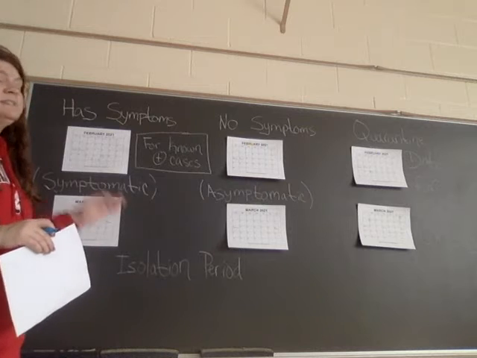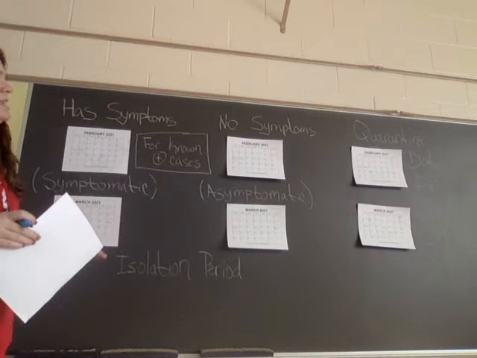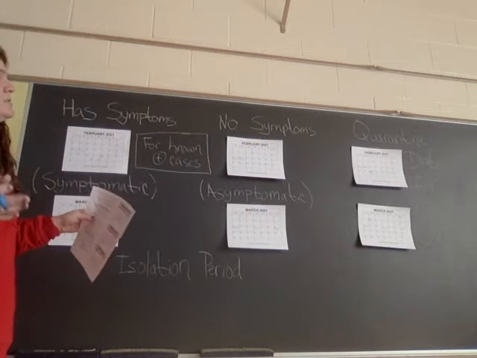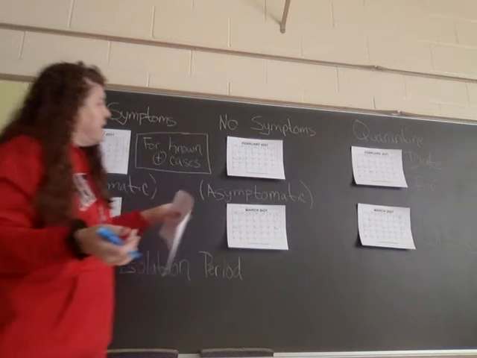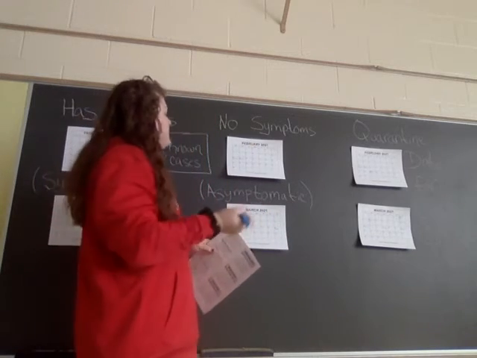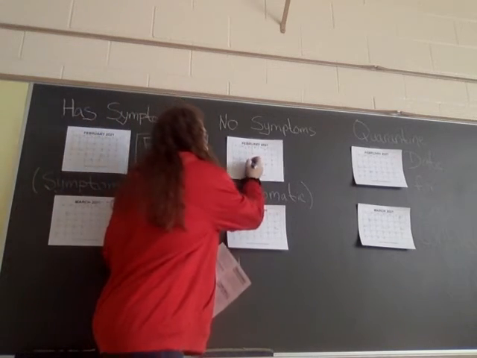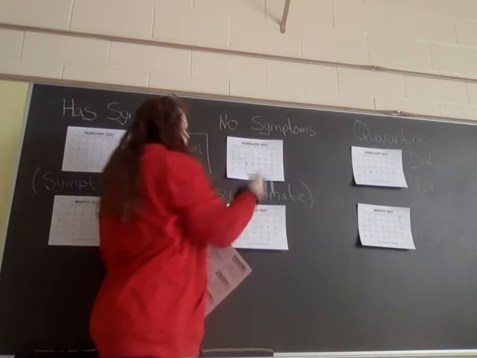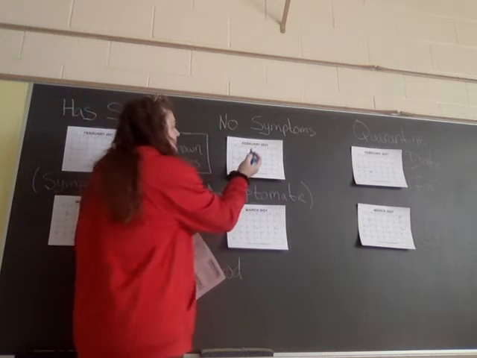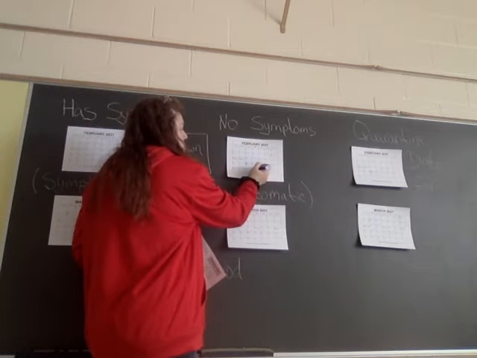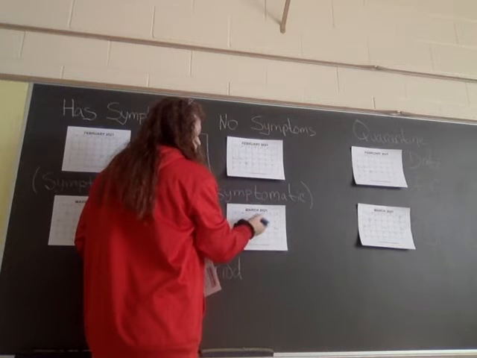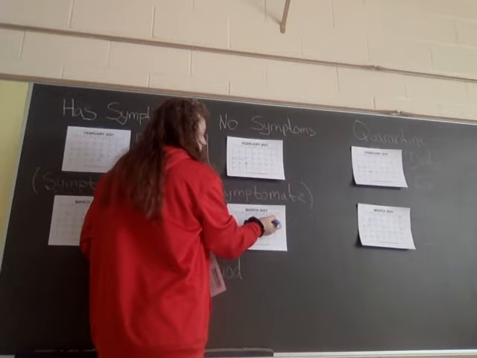If the person doesn't have symptoms and they end up with a positive test, okay, we still need to count the dates, right? So let's say we find out that a person has a positive test on the 23rd, okay? So we are going to count 10 days starting at the 24th. 1, 2, 3, 4, 5, 6, 7, 8, 9, 10.